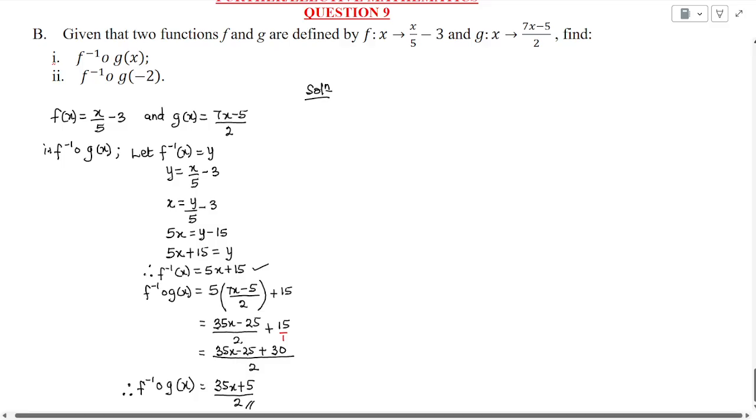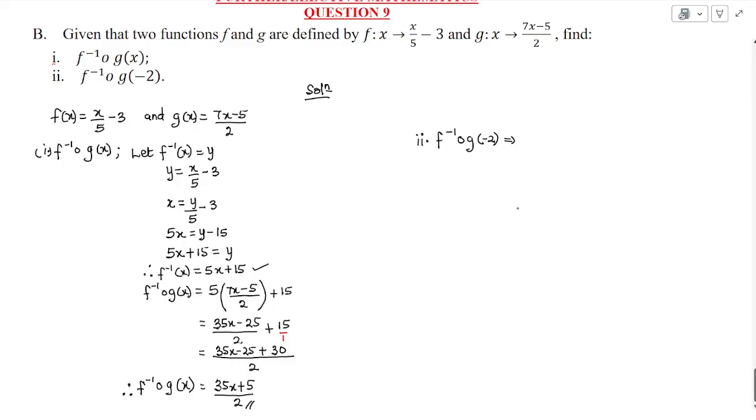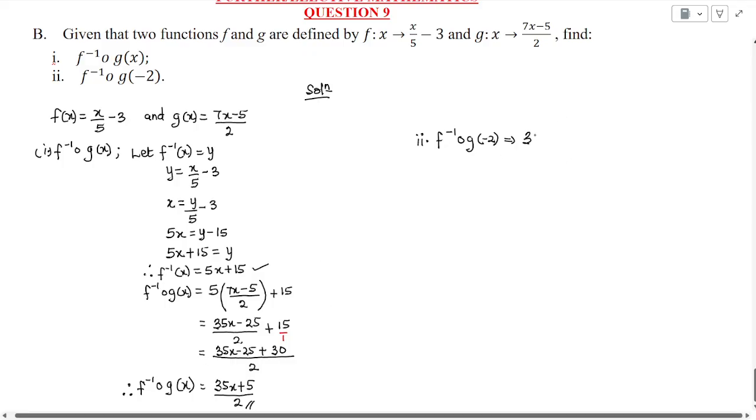I. All right, so let's look at II. Let me quickly do it here. For II, they're saying that f inverse of g of negative 2. Fortunately for us, we've done f inverse of g of x, right? And that gives us 35x plus 5, all divided by 2.